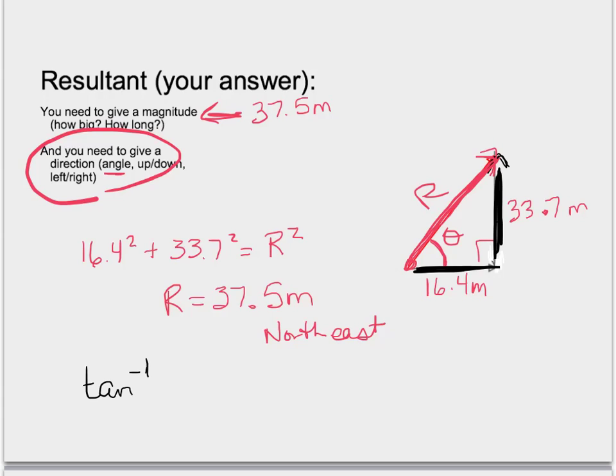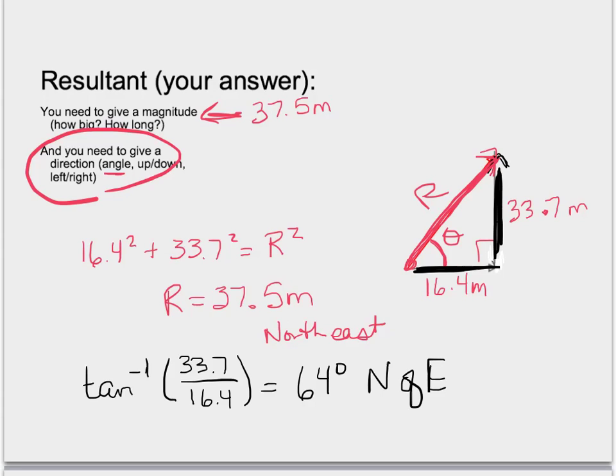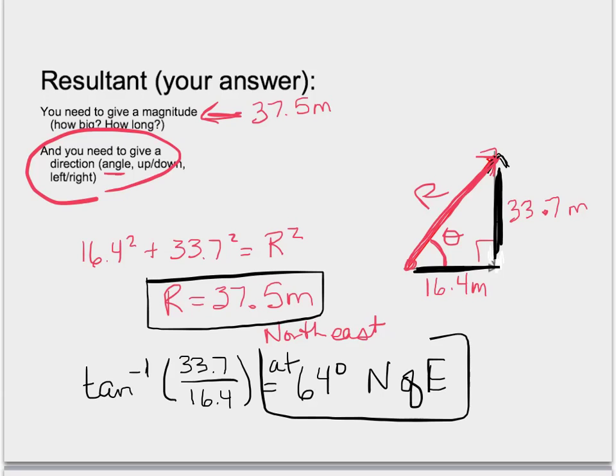It's just like slope, you're going to do your y over your x. So 33.7 divided by 16.4, and that comes out to 64 degrees north of east, or northeast. And so our answer is 37.5 meters at 64 degrees north of east. That means this angle right here is 64 degrees.